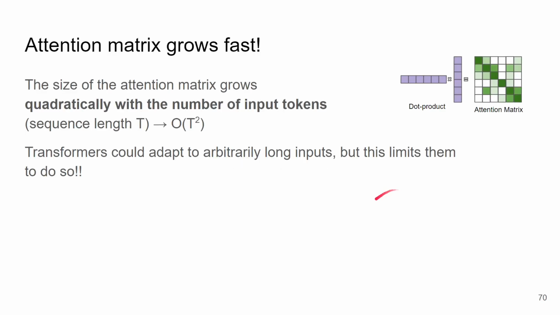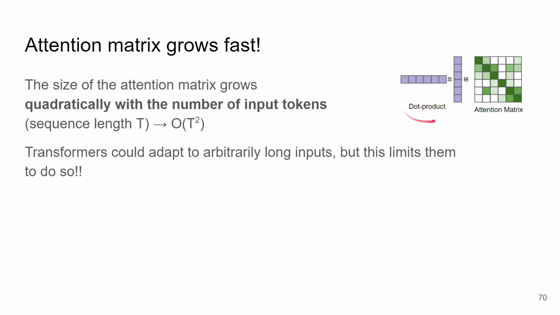So now let's see what things we can change in the design of the transformer to make it more efficient. Another problem that is not specifically related to the parameters is the size of the attention matrix. We have already talked about this when talking about tokenization: the attention matrix is going to grow quadratically with the number of input tokens.